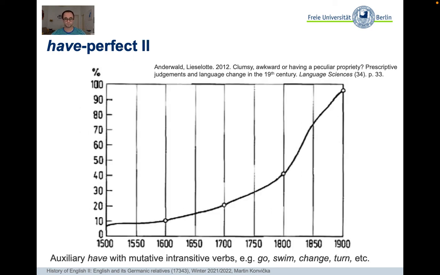And if we take a look at this table, which shows the percentage of mutative verbs, so verbs again expressing change or movement, and the percentage of the combination of those verbs with the auxiliary have, we see that already during the 18th century, it's still more than half of those verbs are used with the auxiliary to be.